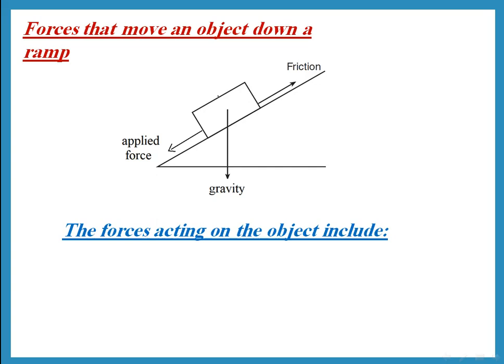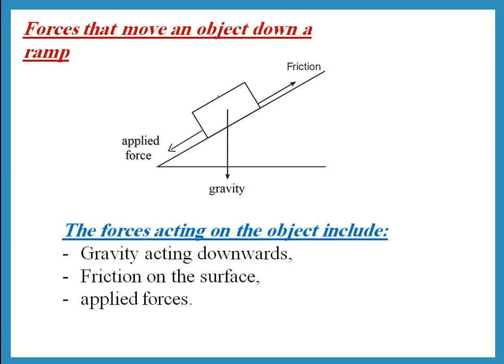There is also a force of gravity due to the weight of the object. So we have actually three main forces acting on that object, and whichever one is higher or lower will determine how fast this object is going down the ramp.